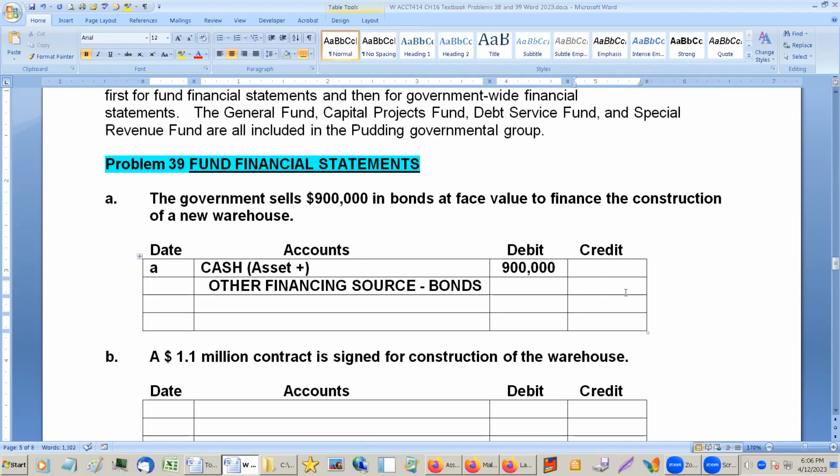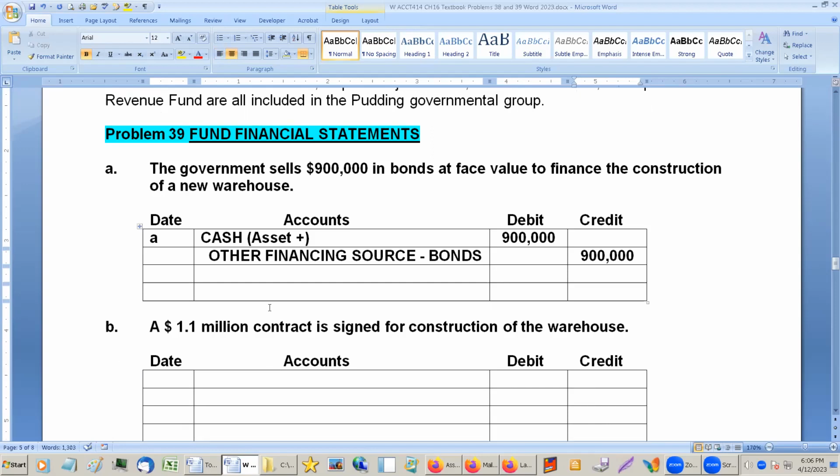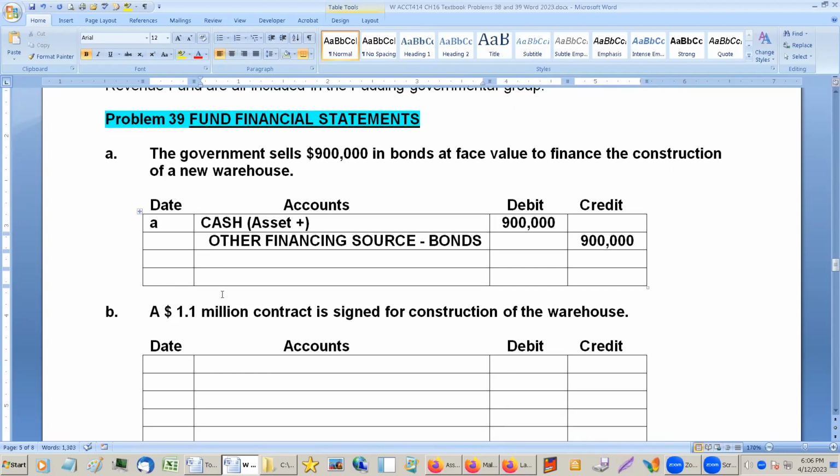And it's literally almost like a revenue account. I know you're saying to yourself, that's a liability, but we just treat it as a way to pay the bills, basically.